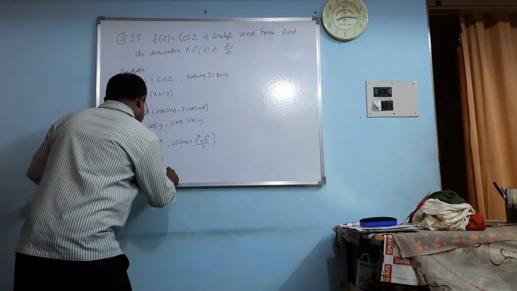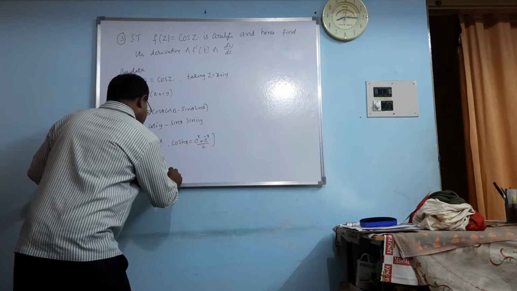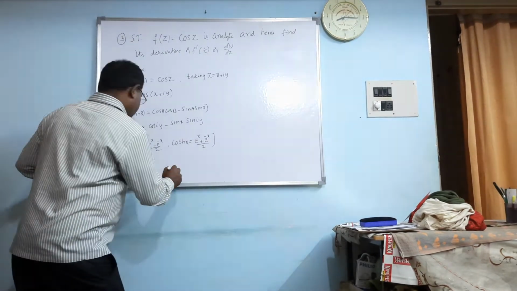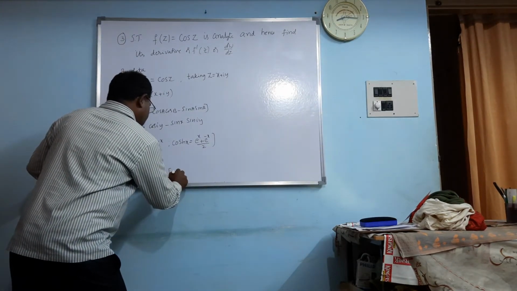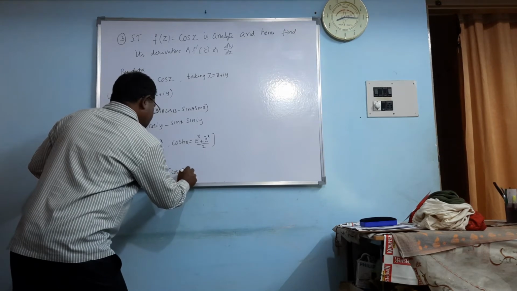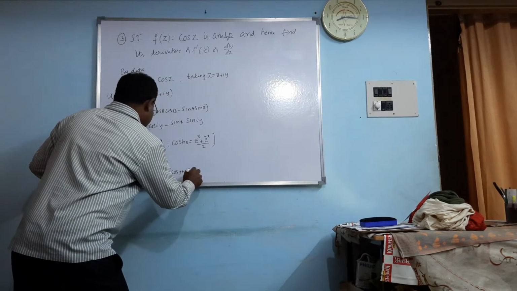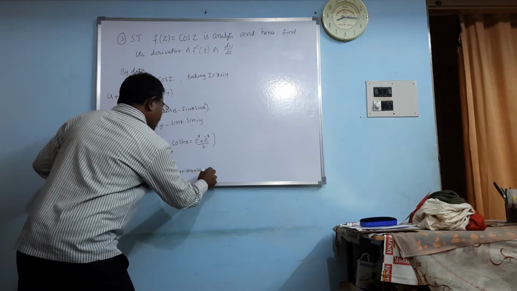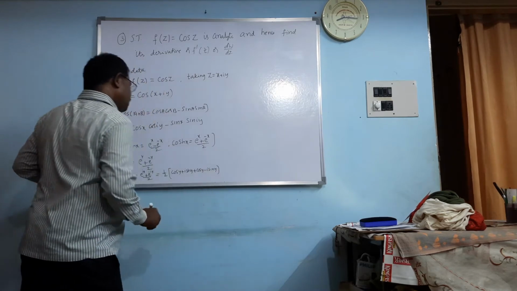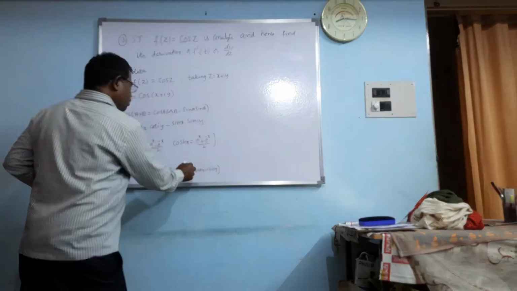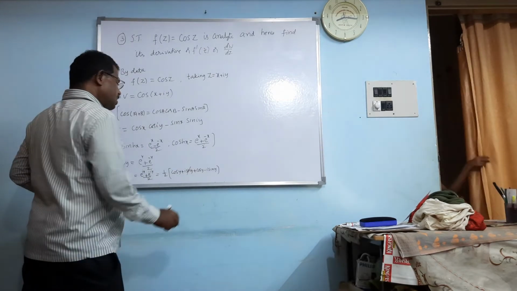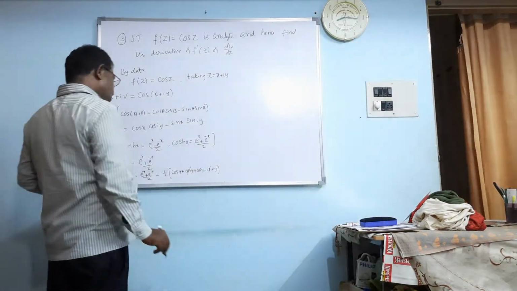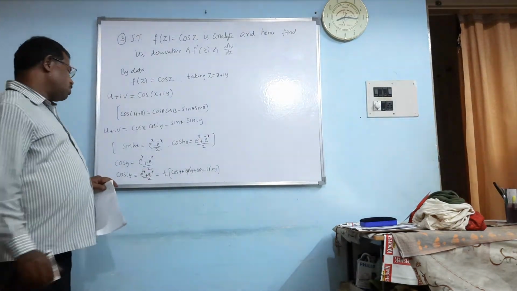Here 1 by 2 e to the power of iy in polar form means cos y plus i sin y plus cos y minus i sin y. Here plus i sin y and minus i sin y get cancelled. Cos y plus cos y is 2 cos y.